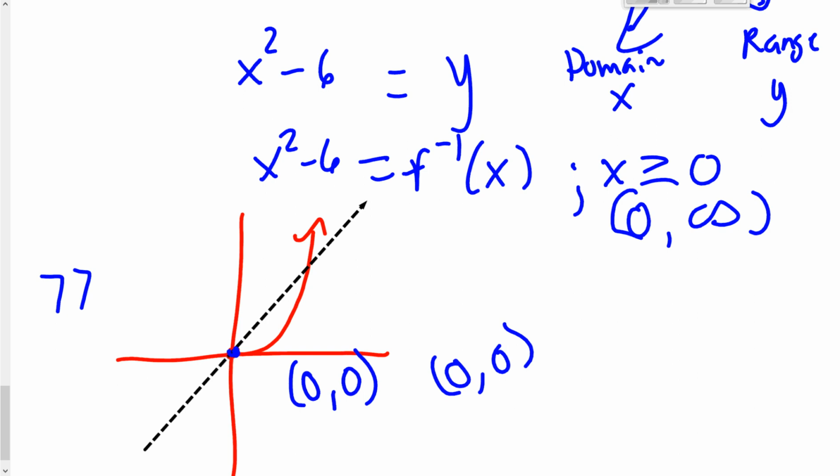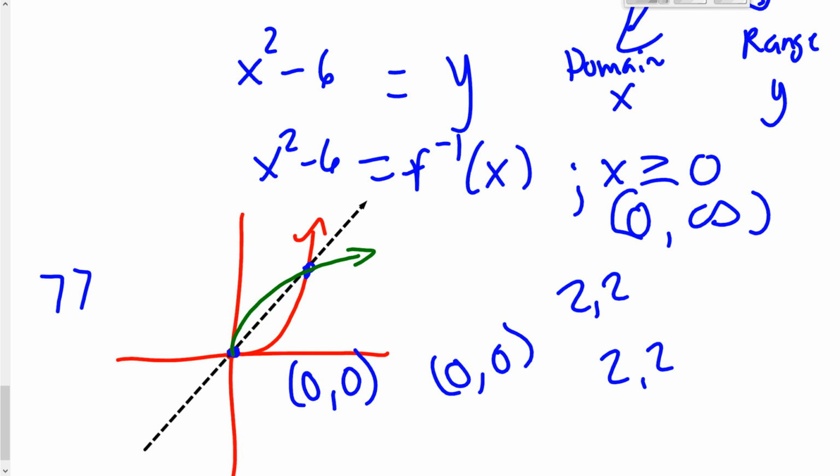But it kind of gives you graph paper, so you can look and see, is there any point that I can find? And one point is 2, 2. So that means it's going to switch to 2, 2. So that means it's going to look like a quadratic, but it's going to flip, right? So it's actually going to be like that.